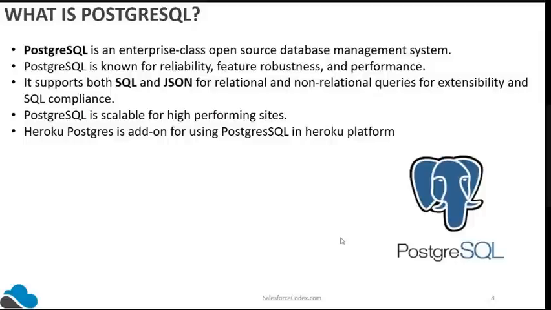By default, PostgreSQL has an open architecture. This is open software. That PostgreSQL is implemented in Heroku and is named Heroku Postgres. So all the features of the open source implementation, you can also get in Heroku Postgres.